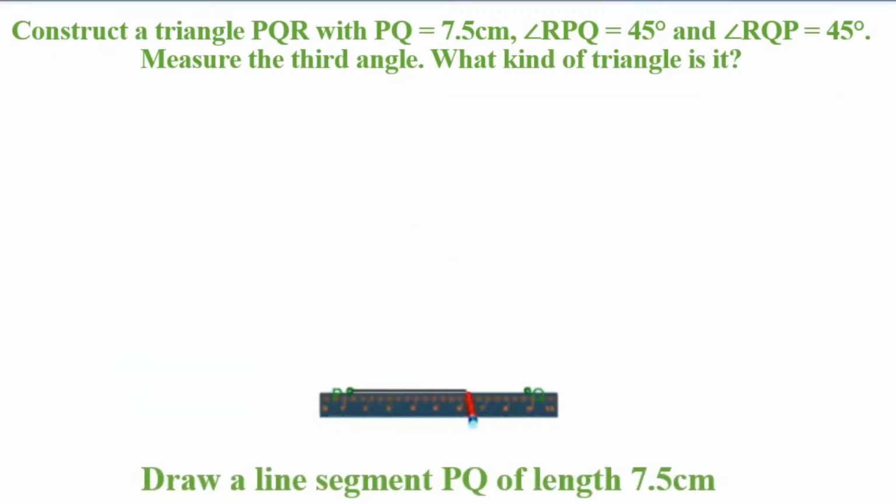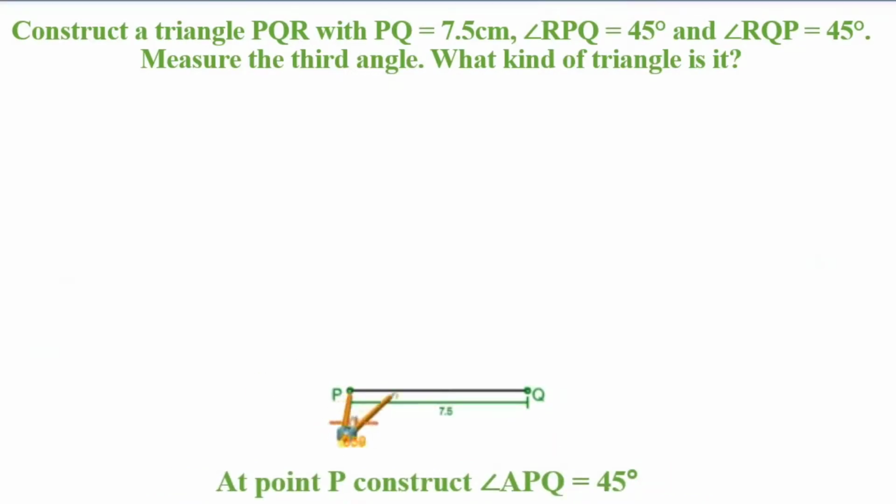So my first step is to draw line segment PQ of length 7.5 centimeters. Now at P, I need to construct an angle of 45 degrees. So with P as center in any radius, I will make an arc. Wherever this arc intersects the line segment PQ, I mark that as point X. Then with X as center and the same radius, I make an arc to intersect the previous arc at point Y. I repeat the process.